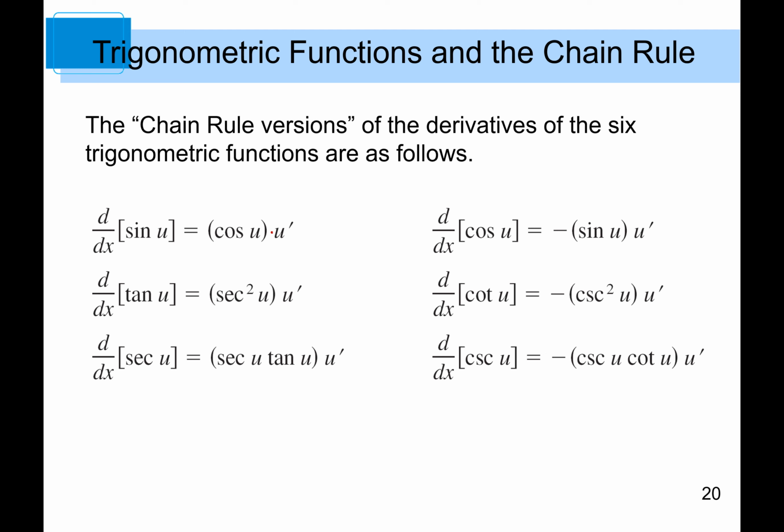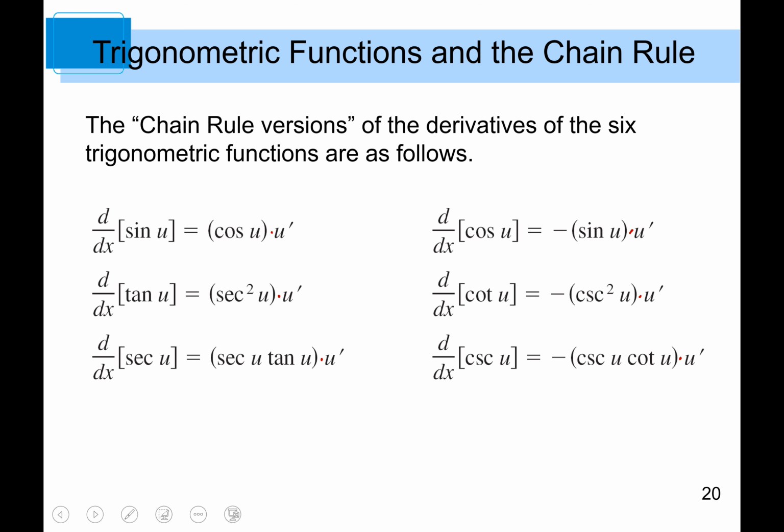And the derivative of cosine u is negative sine u times u prime. Derivative of tangent u equals secant u squared times u prime. And derivative of cotangent u equals negative cosecant u squared times u prime. Derivative of secant u equals secant u times tangent u times u prime. Derivative of cosecant u equals negative cosecant u times cotangent u times u prime. Okay.